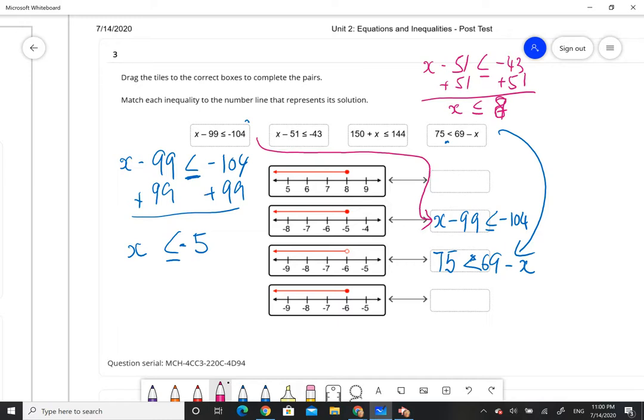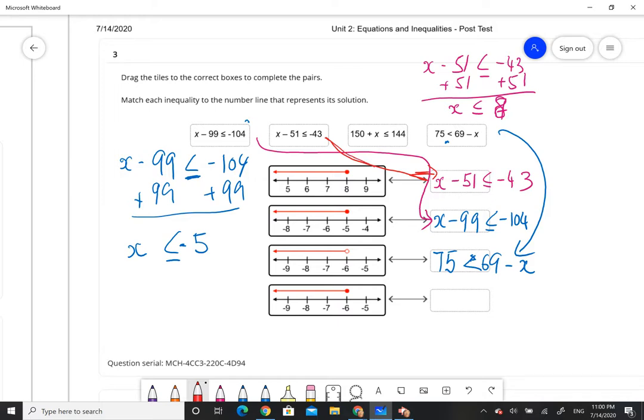So is it less than or equal to 8? Which one is this? This one. So x minus 51 less than or equal to negative 43, this one goes here, right?